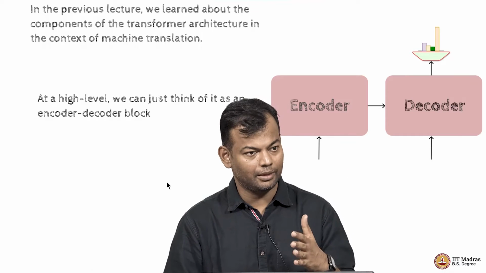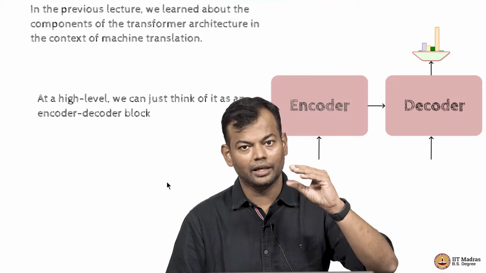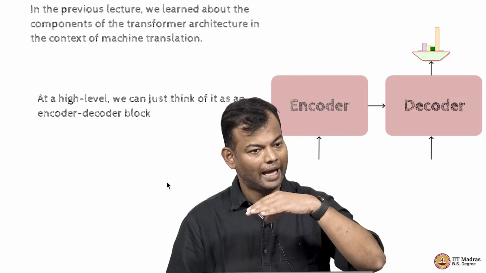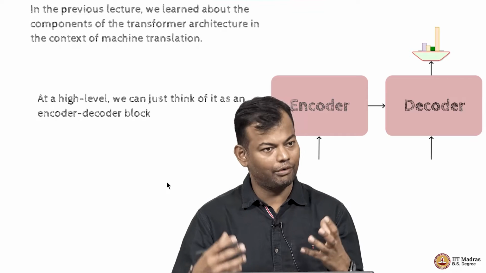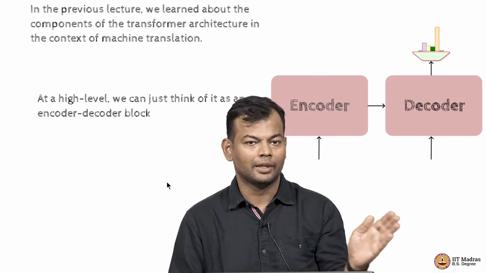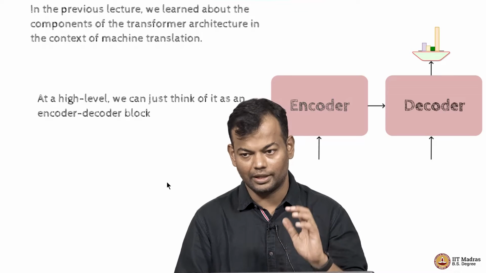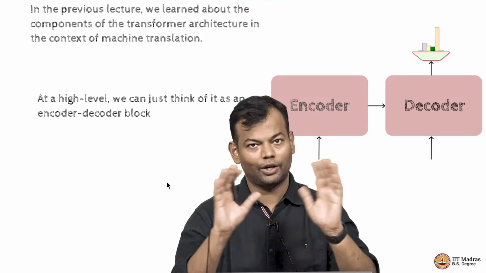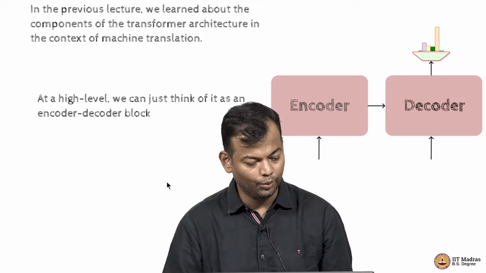The encoder takes an input and produces an output, and the output is typically a distribution over the vocabulary, and I would have a sequence of such outputs, right? So that's one level of abstraction of the transformer architecture, where we delete all those details about position embeddings and all that. If you abstract all that out, it's just an encoder and decoder. That's one view.